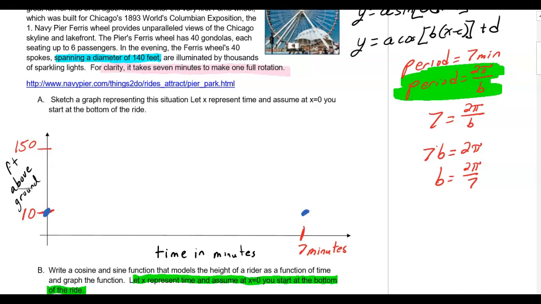Since this is modeled by a sine or a cosine graph, the midpoint of 0 and 7 is 3.5. So at 3.5 minutes, I will be at my maximum of 150.